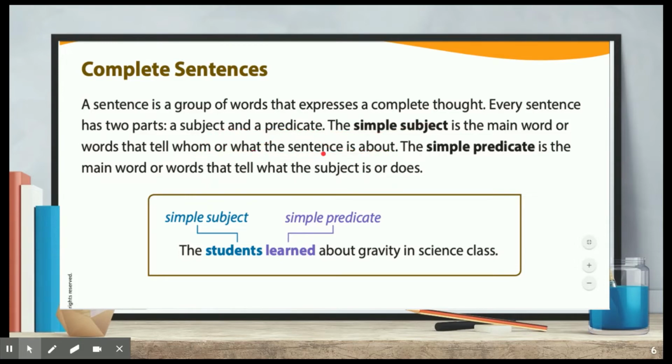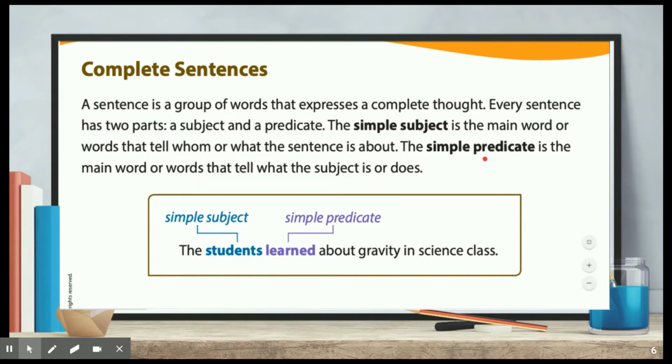Who or what the sentence is talking about. Now, the simple predicate is the main word or words that tell what the subject is or does. So, subject, who is the sentence talking about, or what is the sentence talking about? The simple predicate, what is that subject doing?